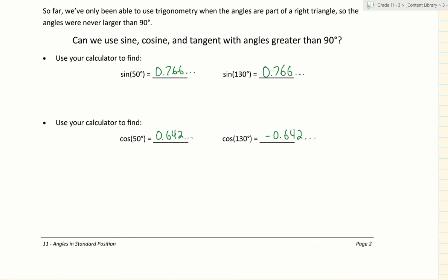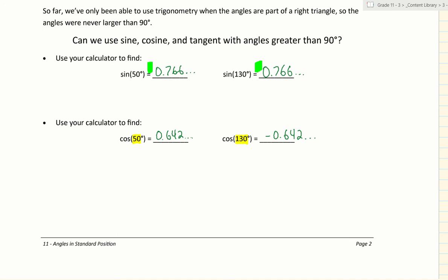So first of all, in this unit, we're going to figure out the connection between, say, 50 and 130 degrees. Why are they giving us numbers that are close to the same? The next thing we're going to try and understand in this chapter is why those are sometimes different.